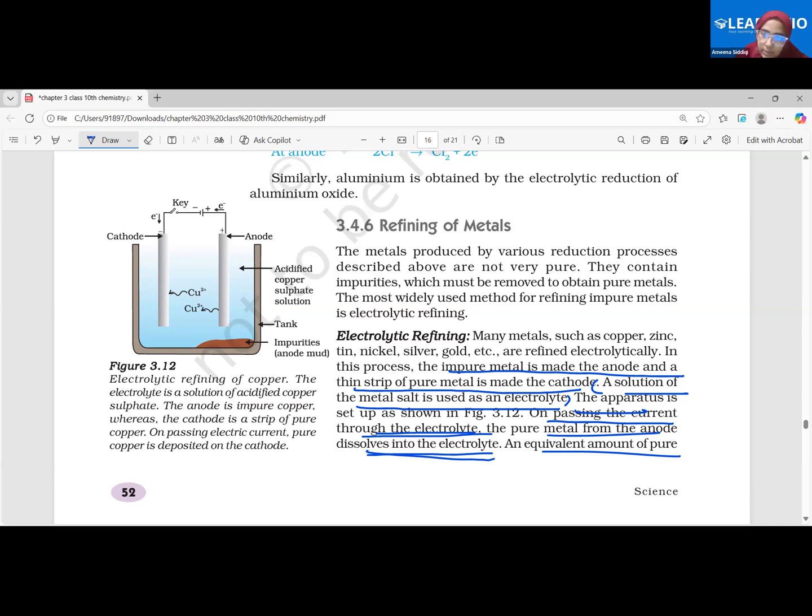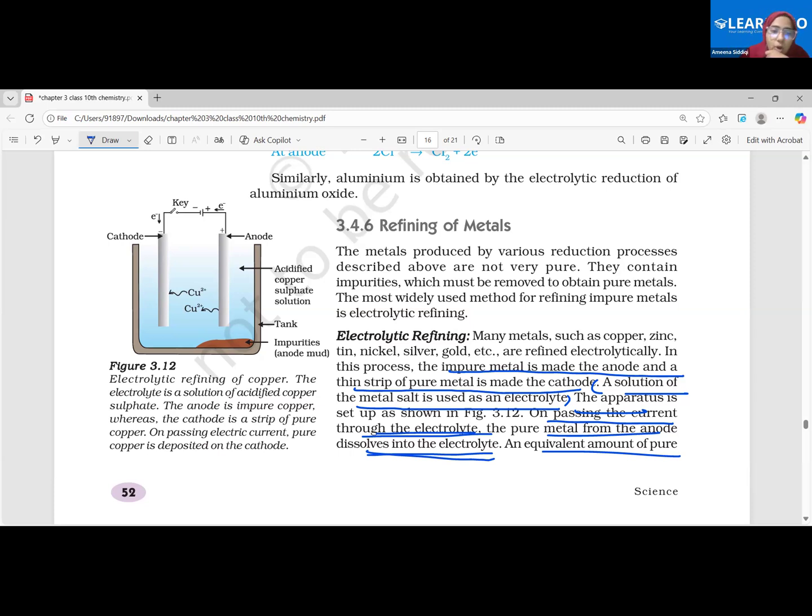The electrolyte. And therefore, we'll have the electrolyte giving the copper back again to the pure metal. Are you getting this cycle? Like this. And why are we using a metal salt solution of the same metal? Because it will be providing the metal, right? Are you getting this?